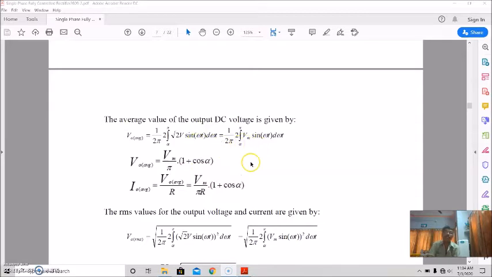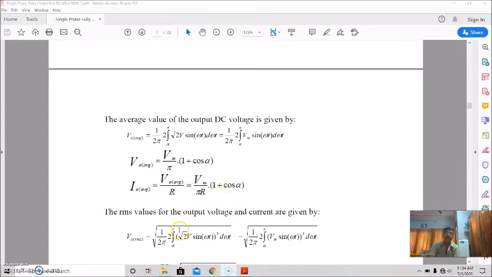So if we integrate it over this limit from alpha to pi and simplify it, we will get the average output voltage like this. Now the average output current would be this average output voltage divided by the resistive load, so this will be Vm by pi R into 1 plus cos alpha.